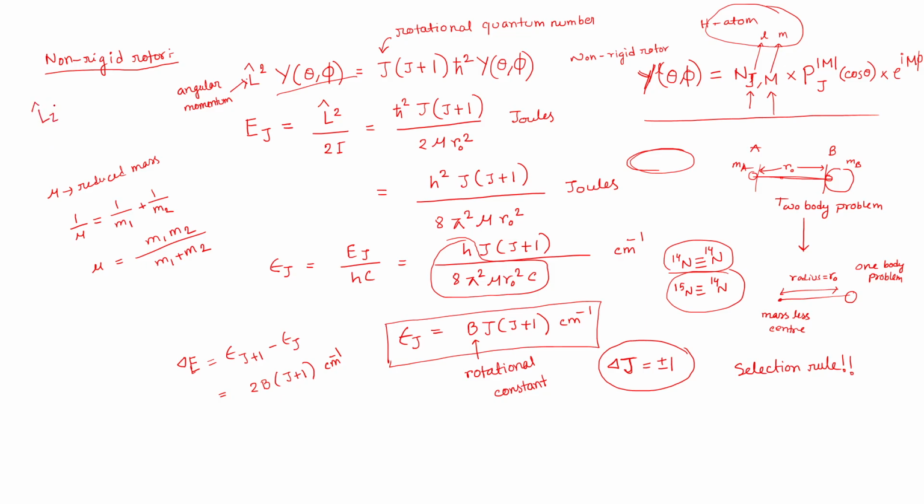Can you tell me what Lz will give you, suppose not on psi but on Y theta phi? What do you think? Easy, right? Like for the hydrogen atom, it will give you M h cross. So this is the same, and this is also a magnetic quantum number.